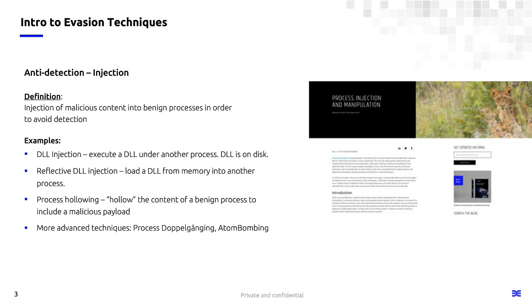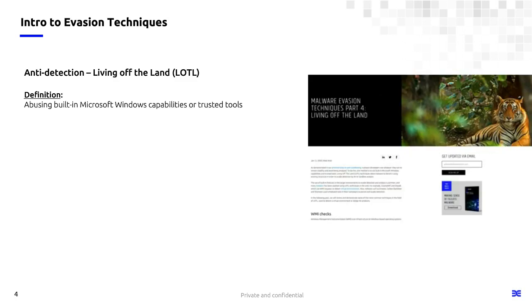The next technique I'd like to talk about, this is also an anti-detection technique. It's called living off the land. This has been spoken about a lot in the past at least 2 years, and it's becoming more and more common in malware written by cyber criminals. Several years back, it was mainly used by nation-state attackers.